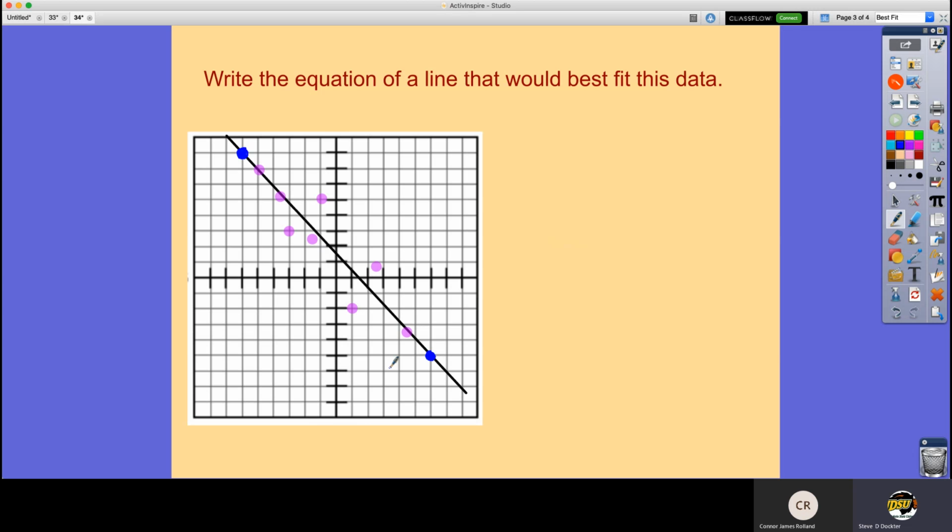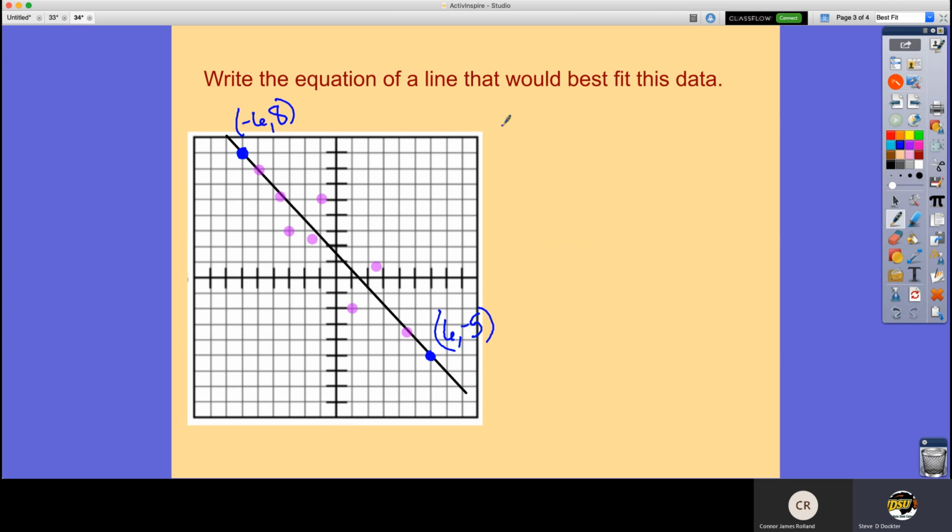For that, you have to have at least 2 points. So my 2 points are, this point is -6, 8, and this point here is 6, -5. So we need to find the equation of that line. First of all, we need to find the slope.